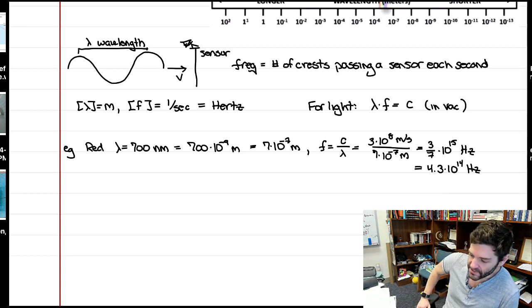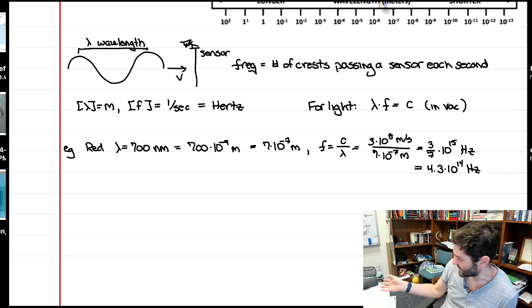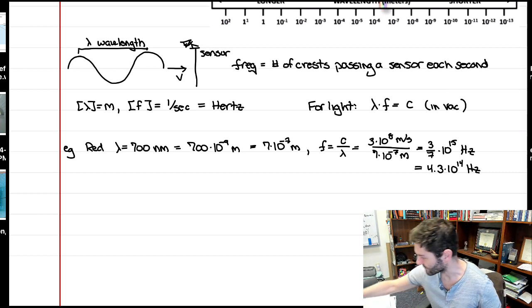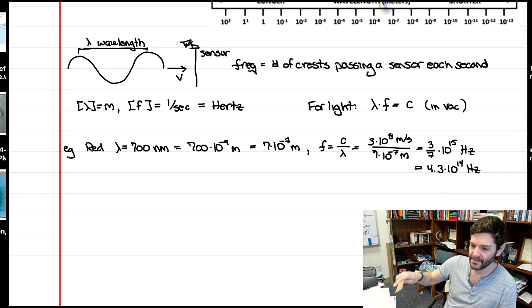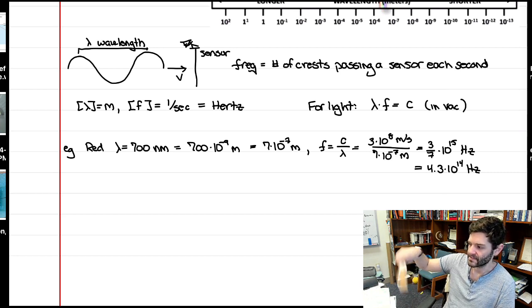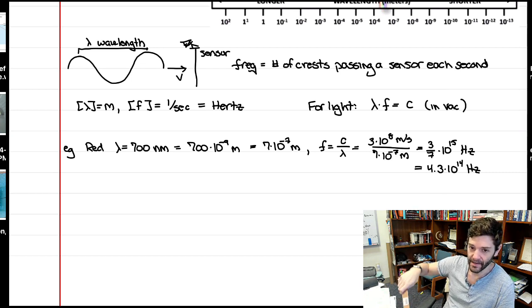Which again, what is frequency? That means if you take a magnet, right, this is a ruler, but let's pretend it's a magnet. If I take this magnet and I shake it up and down once a second, 1 Mississippi, 2 Mississippi, 3 Mississippi, 4, right? I'm creating a wave that has a frequency of 1 hertz. If I shake it twice every second, that creates a frequency of 2 hertz.